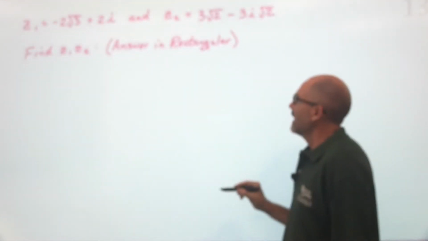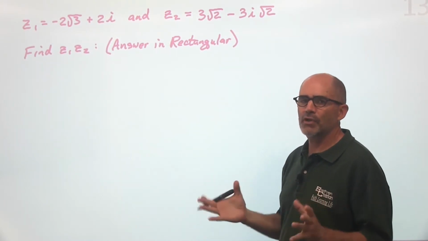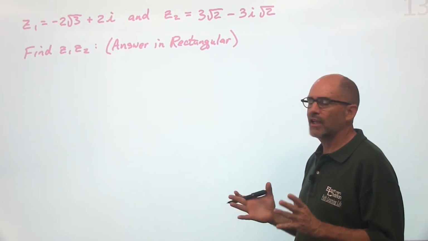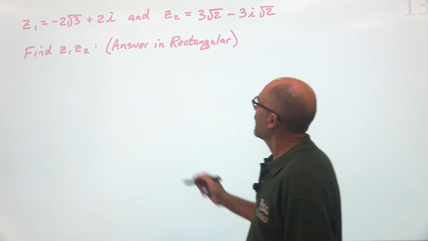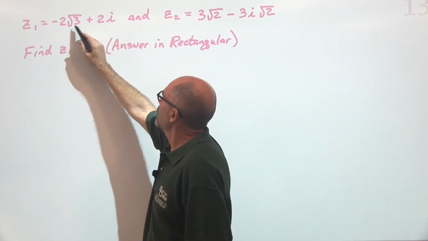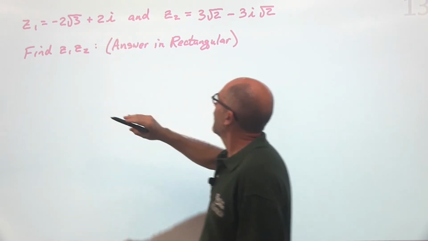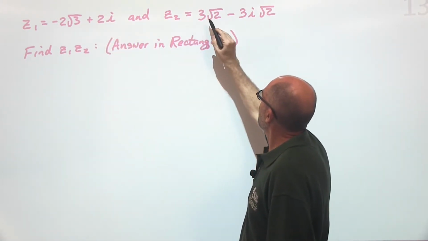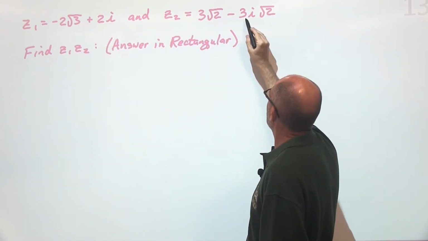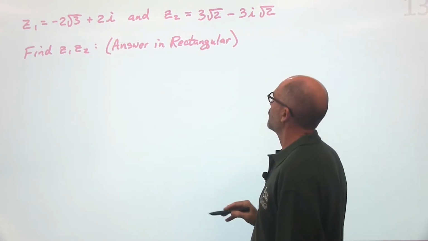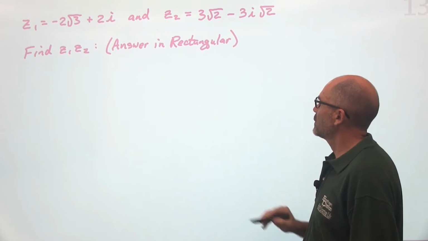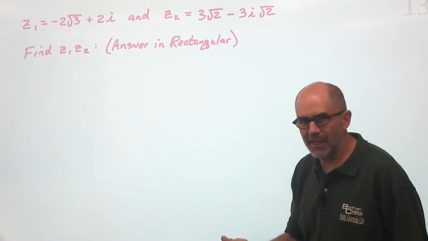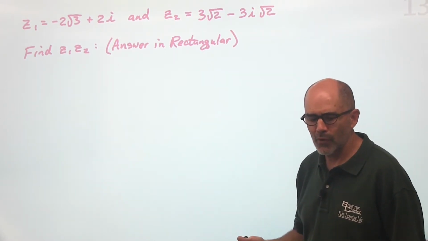Now z is any particular complex number in trig form. So we see z1 is negative 2 square root of 3 plus 2i. z2 is 3 square root of 2 minus 3i square root of 2. And we want to multiply z1 and z2 and make the final answer rectangular form.